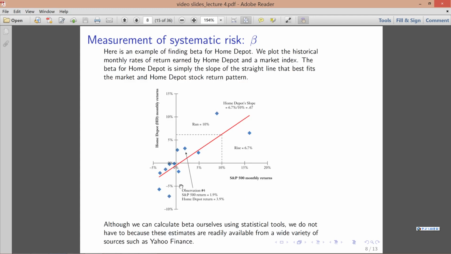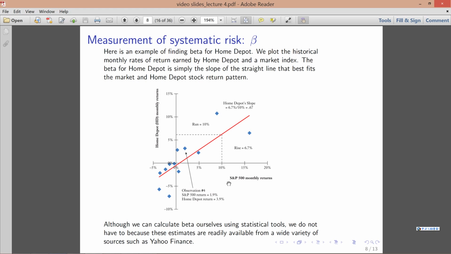Another thing I want to point out is that although we keep talking about the market portfolio, it should be a portfolio that consists of all the assets in the market. But in reality, it's so hard to construct such a portfolio. It's very hard for you to purchase all the assets in the market. So oftentimes we just use some proxies of a market portfolio.